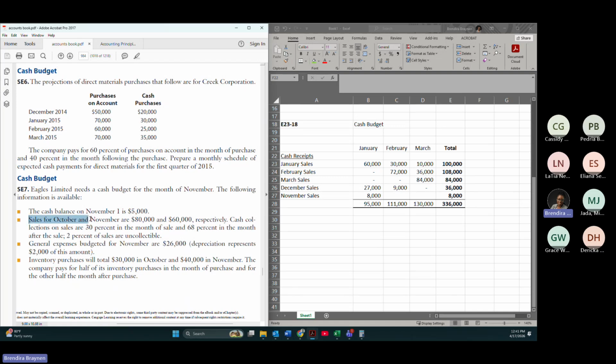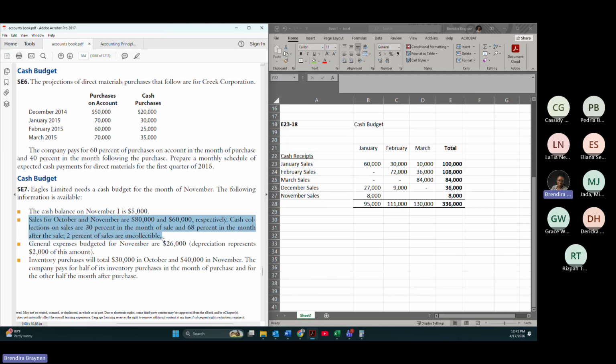They said sales for October and November are 80,000 and 60,000 respectively. Cash collections on sales are 30% in the month of sale, 68% in the month after the sale, and 2% of the sales are uncollectible. There's another wording that you could probably look at. If something is uncollectible, that means we're not going to collect it.